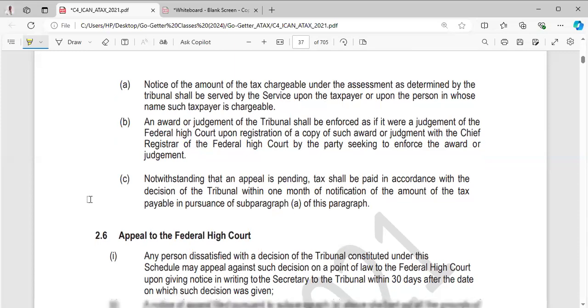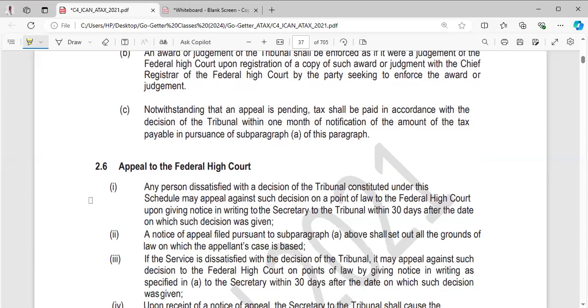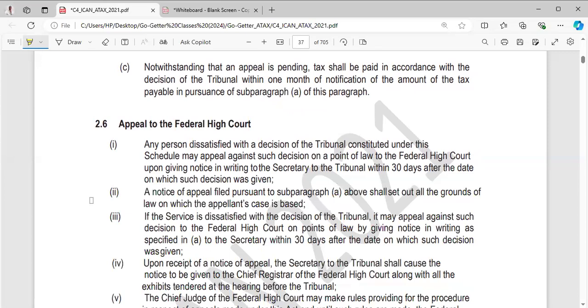Now, what happens if one of the parties, the one that lost, is dissatisfied? Any person that is dissatisfied with the tax appeal tribunal decision shall appeal to the Federal High Court. So you see, this is the second appeal.